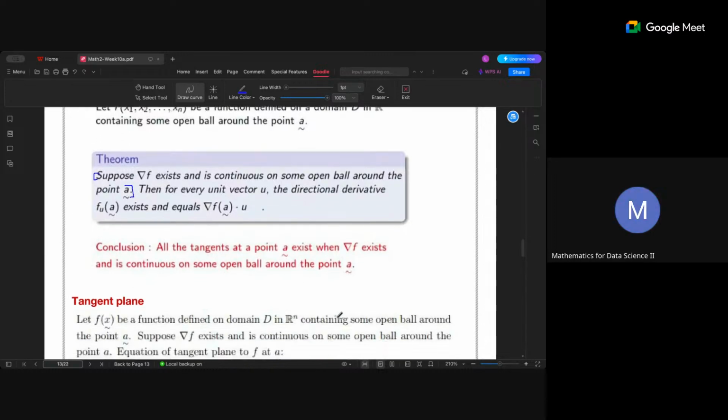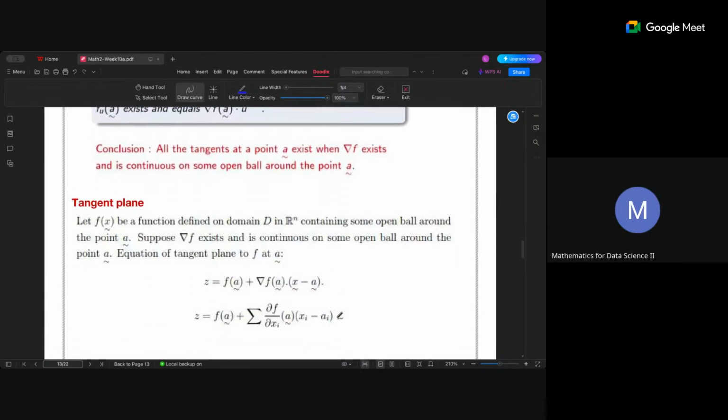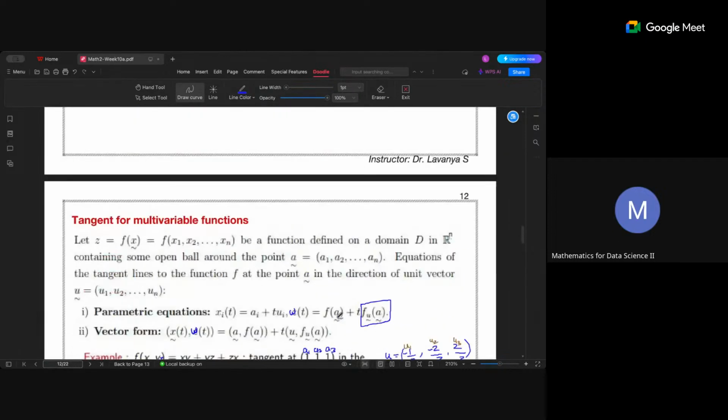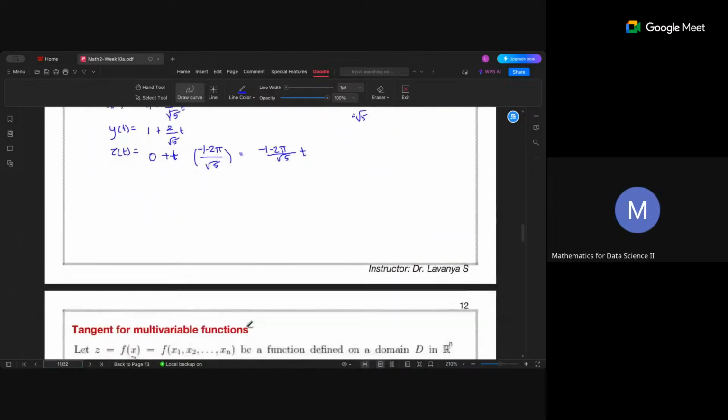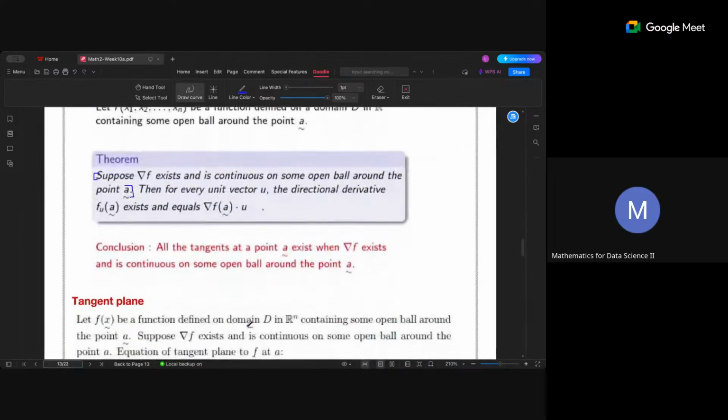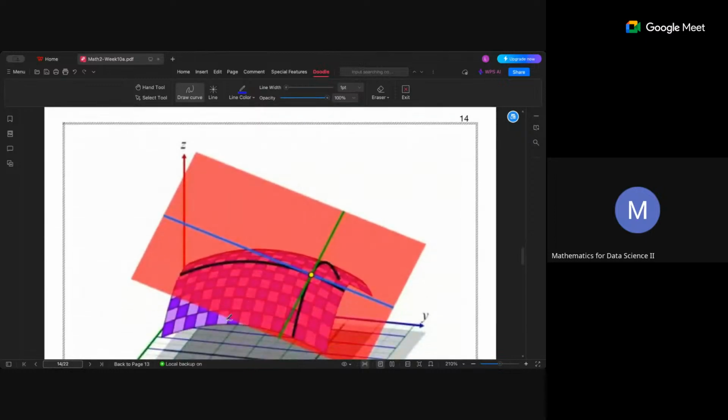Yes, ma'am. Okay, fine. So I told you, if you remember from the graph, if you take a different plane, then you are going to get a different tangent. Like this, you are going to get several tangents for the same point. Now all these tangents are going to lie on one plane, and that plane is called the tangent plane.